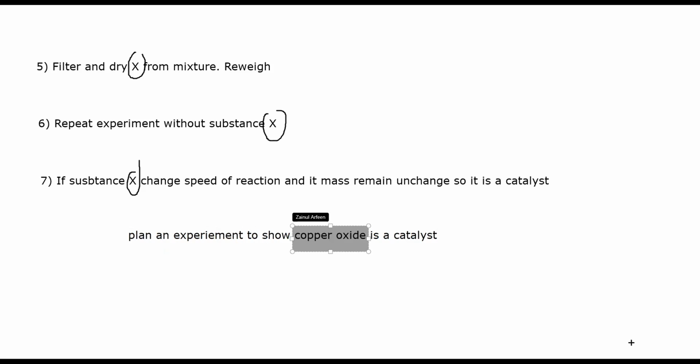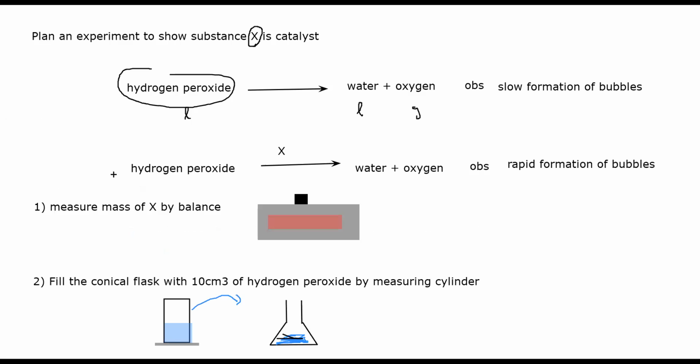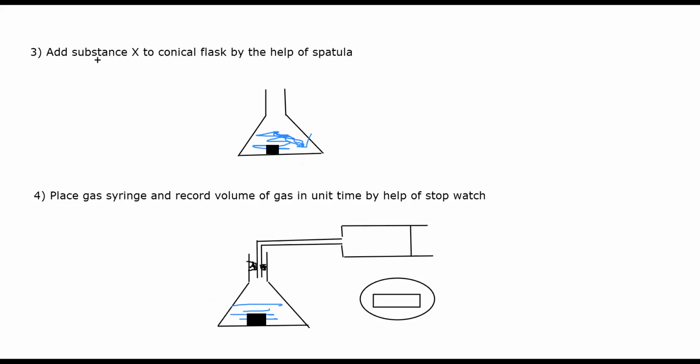So for example, I'll measure the mass of copper oxide by balance. Instead of saying X, I will say measure the mass of copper oxide by balance. Fill the conical flask with 10 cm cube of hydrogen peroxide using a measuring cylinder. Then add copper oxide to the conical flask with the help of a spatula. Place a gas syringe, record the volume of gas in unit time.